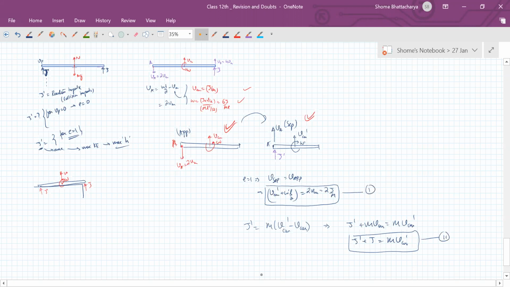This is your first constraint relation. And J prime into L by 2 will be equal to I omega prime minus, now that was in the opposite direction, so you'll have to write it as minus I omega.